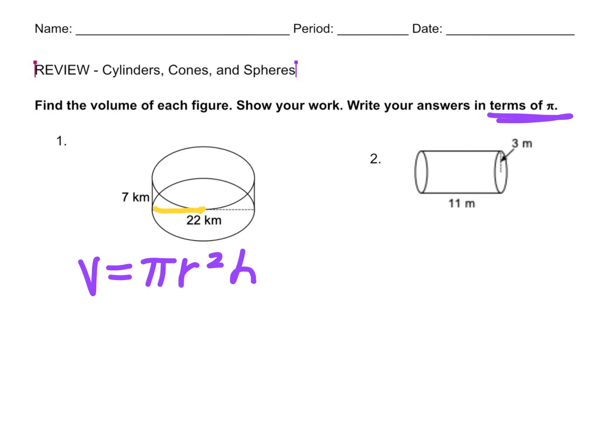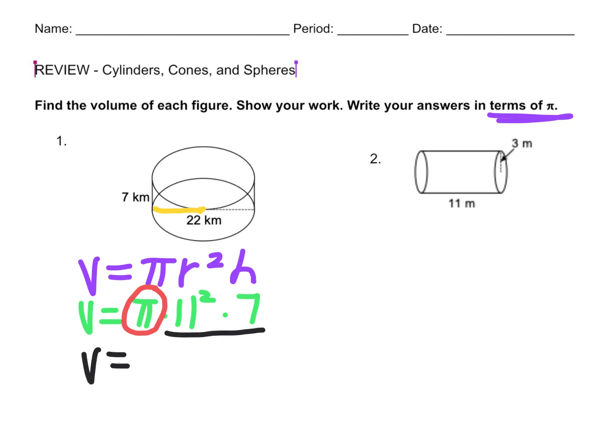So I'm going to substitute that in first. So V equals pi times 11 squared times the height of the cylinder, which is 7. Now to solve this in terms of pi, that means don't calculate the pi. Instead, I'm going to calculate everything else.